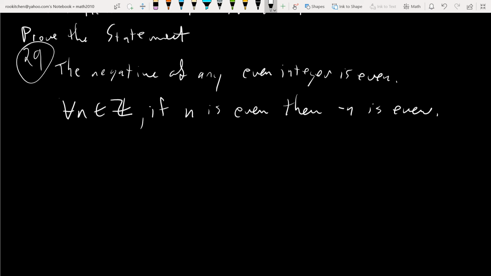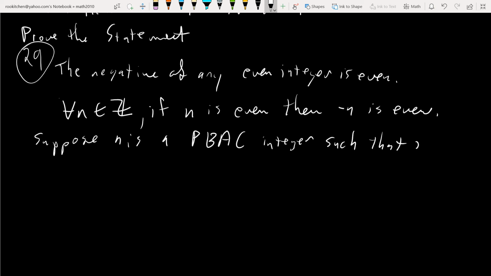Okay, so we start with our supposition. So we suppose n is a particular but arbitrarily chosen integer such that n is even. Okay, so what does that tell us about this number n? Well, if you go back and look at the definition, that means that n is 2 times some other integer. And we can say that.